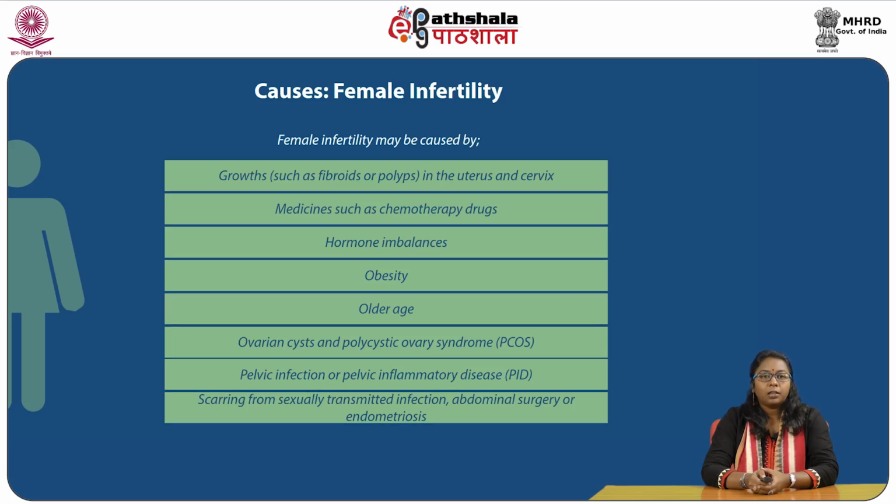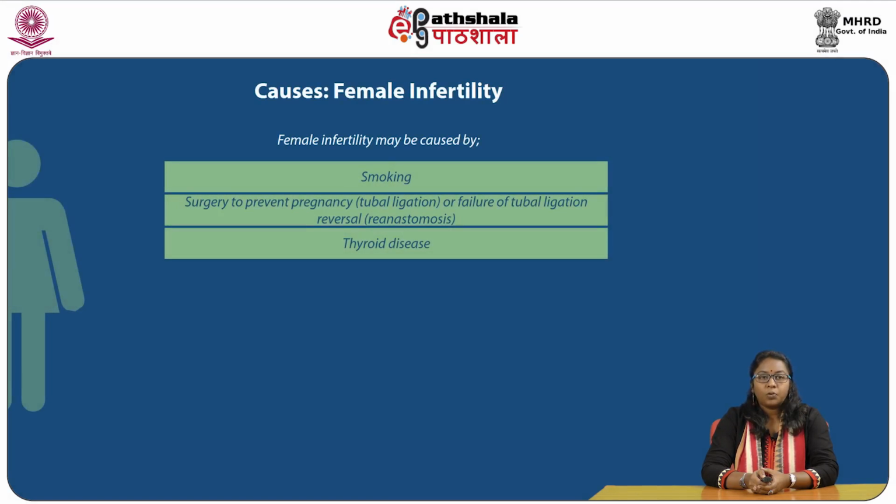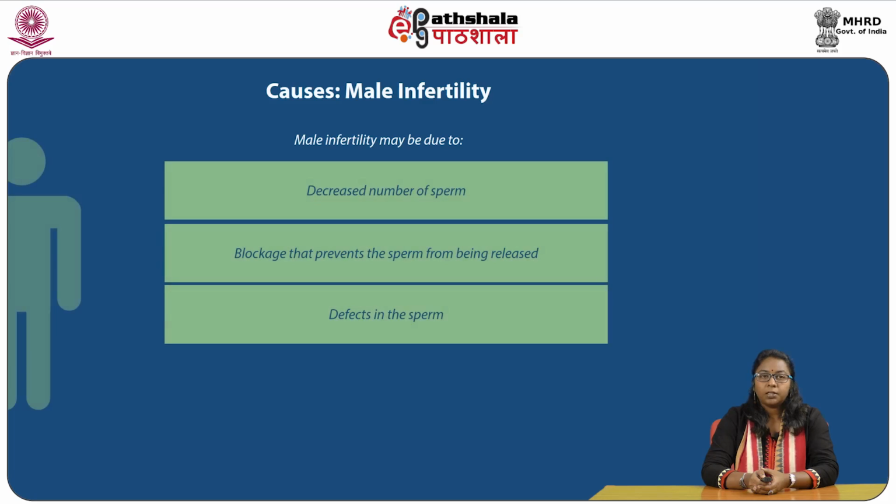Sixteenth, scarring from sexually transmitted infection, abdominal surgery or endometriosis. Seventeenth, smoking. Eighteenth, surgery to prevent pregnancy, that is tubal ligation or failure of tubal ligation reversal, reanastomosis. Nineteenth, thyroid disease.